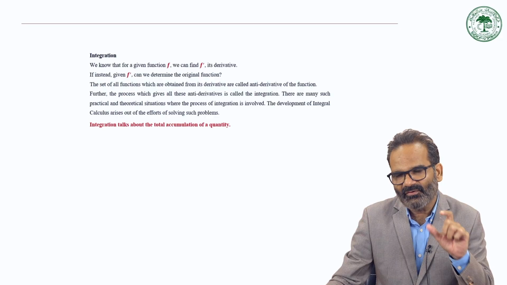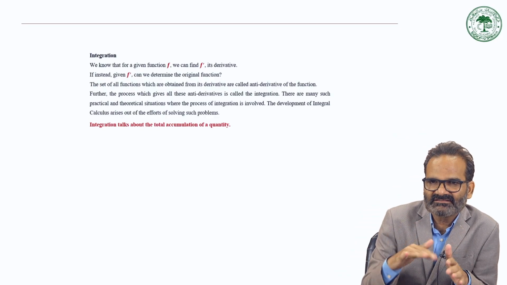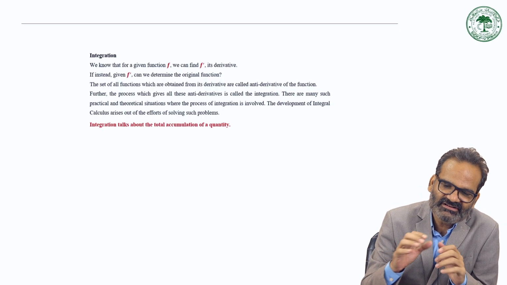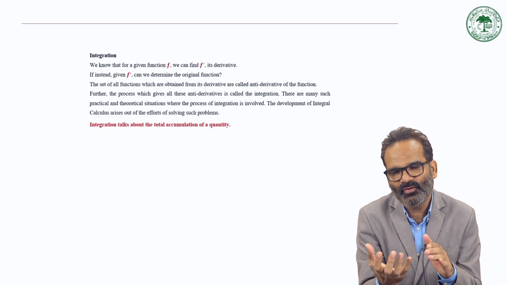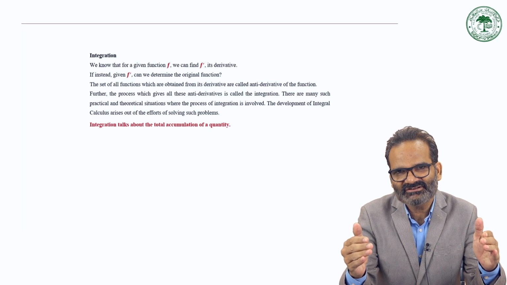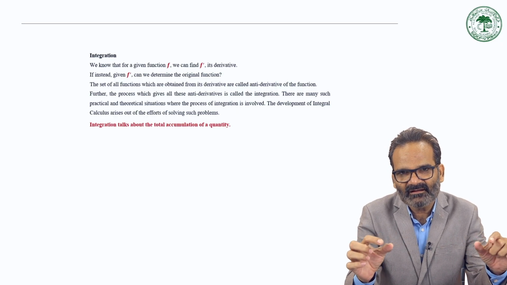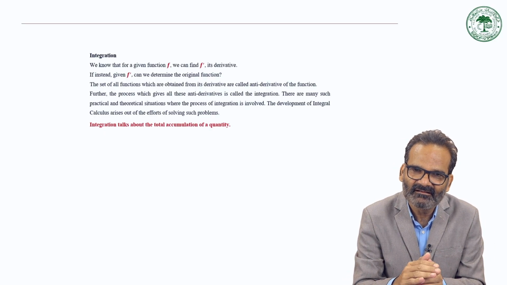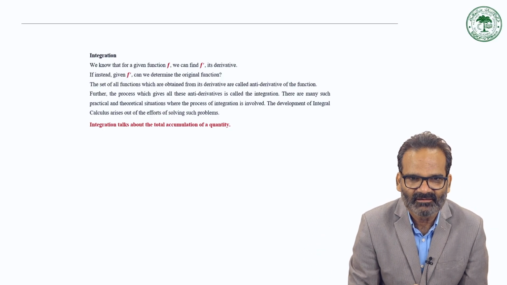So what we observe from this single slide is that integration is generally the inverse process of differentiation. Differentiation simply says that if you have a big object, it can be decomposed into smaller parts. If you want to reverse it, you accumulate all these smaller parts to get the original object.